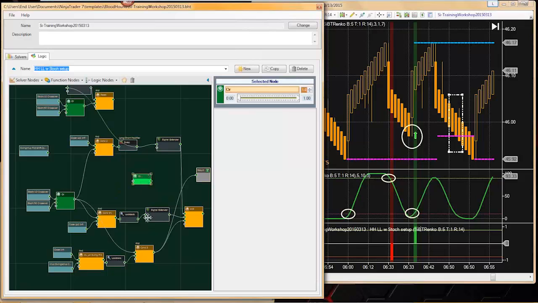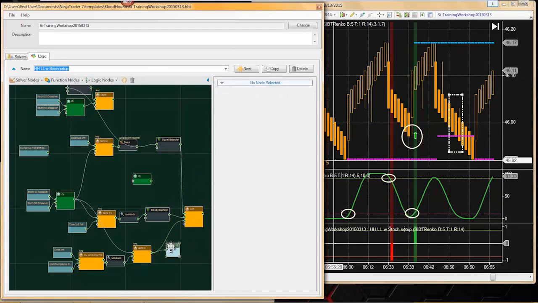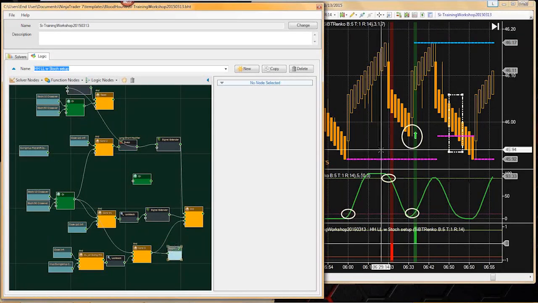So I'm just simply going to take condition 3. Remember, we're actually looking at condition 3 right now.